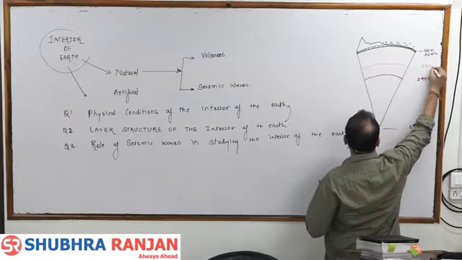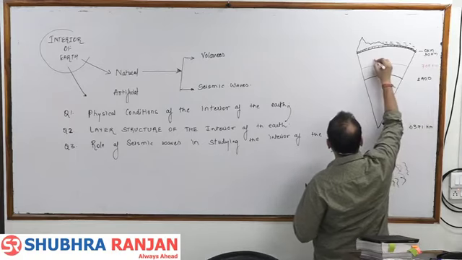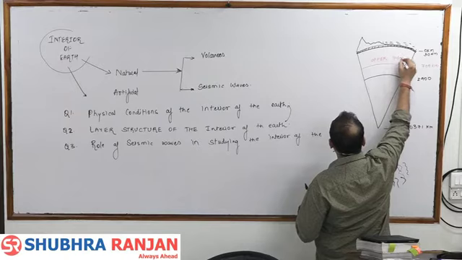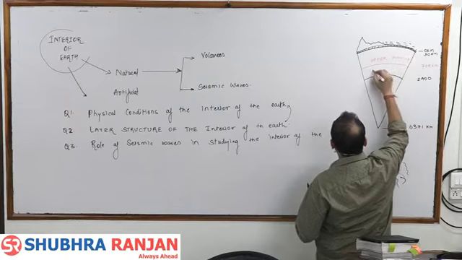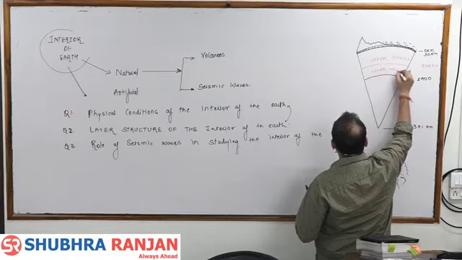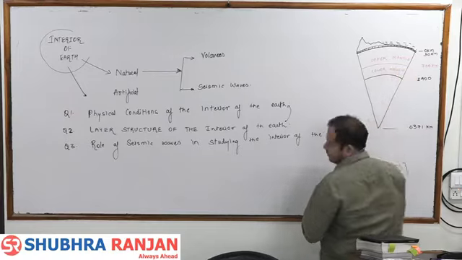700 kilometers and above is the upper mantle. Then we have the lower mantle. Fine.